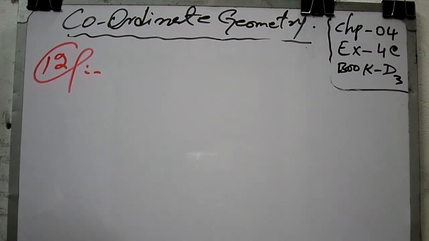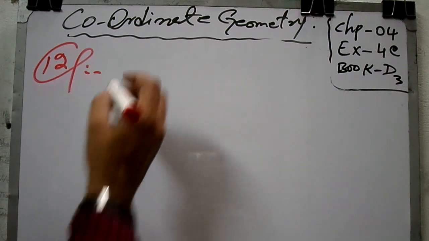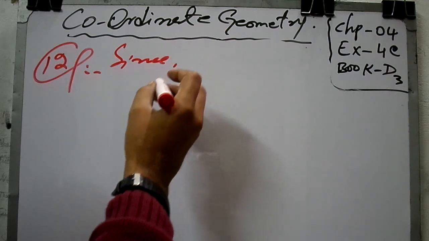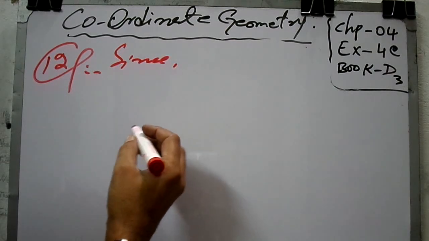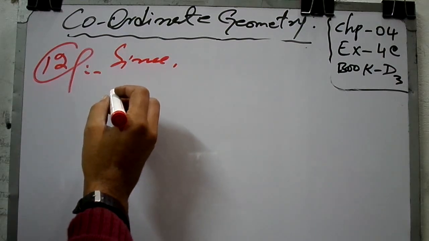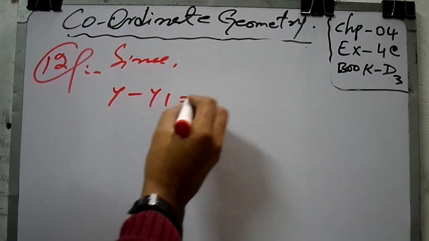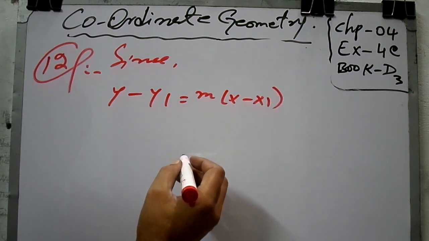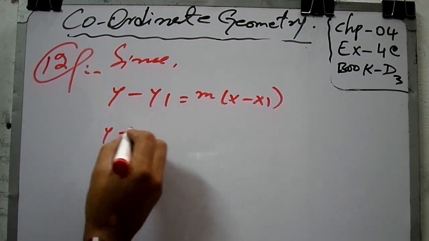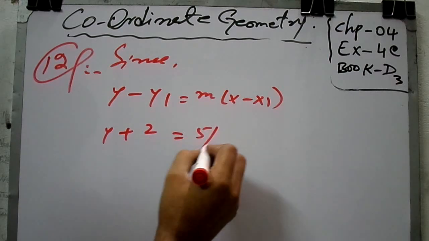Okay, after reading the statement, since we have the equation y minus y1 is equal to m into x minus x1, so y plus 2, putting the values, that is 5 by 2.